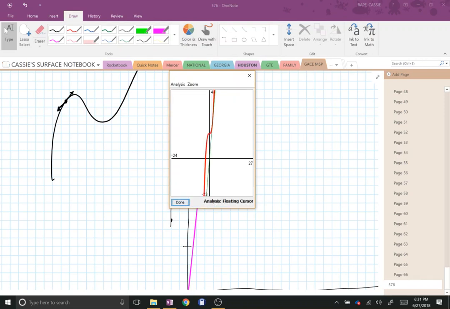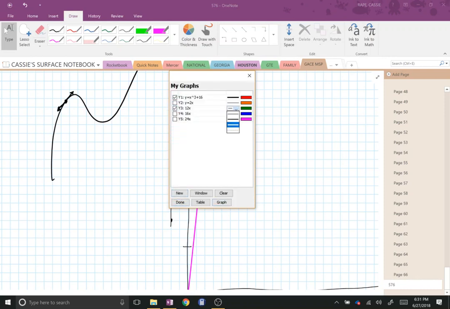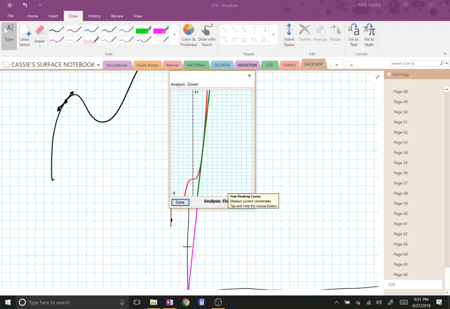I'm going to go look at y equals 12x. This is a maybe. It looks like it's hugging up just barely. So I'm going to box and zoom in on this critical area. It's kind of hard to see, so I'm going to make that one dark too and look at it again. It looks tangent.